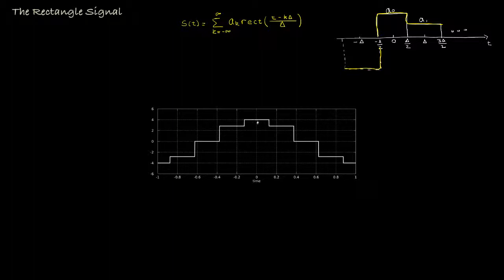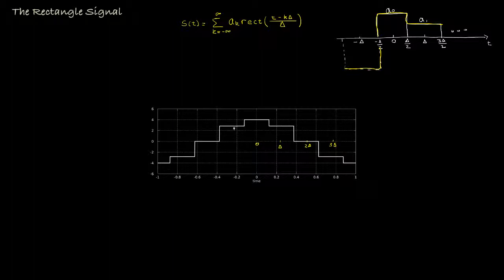In this case, this location here is t equals 0. The halfway point here must be delta. Halfway here, 2 delta. Halfway here, 3 delta, and so forth.